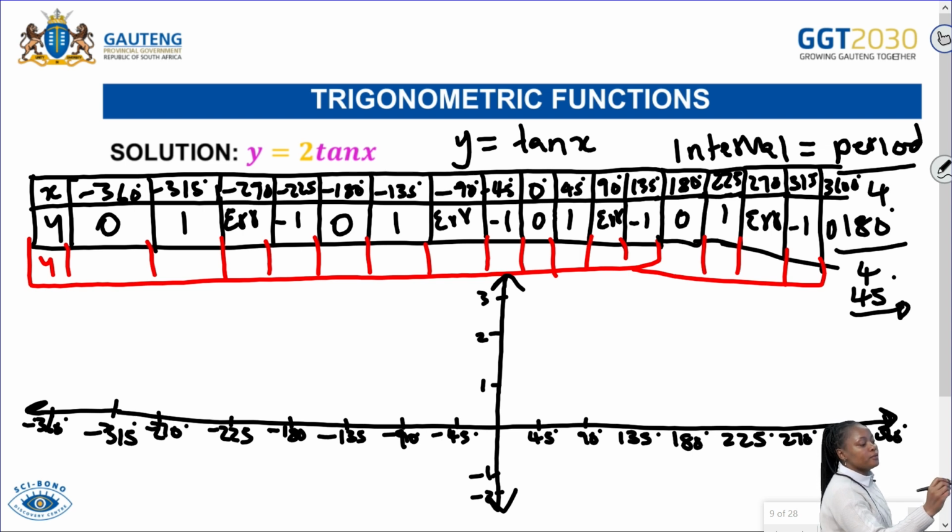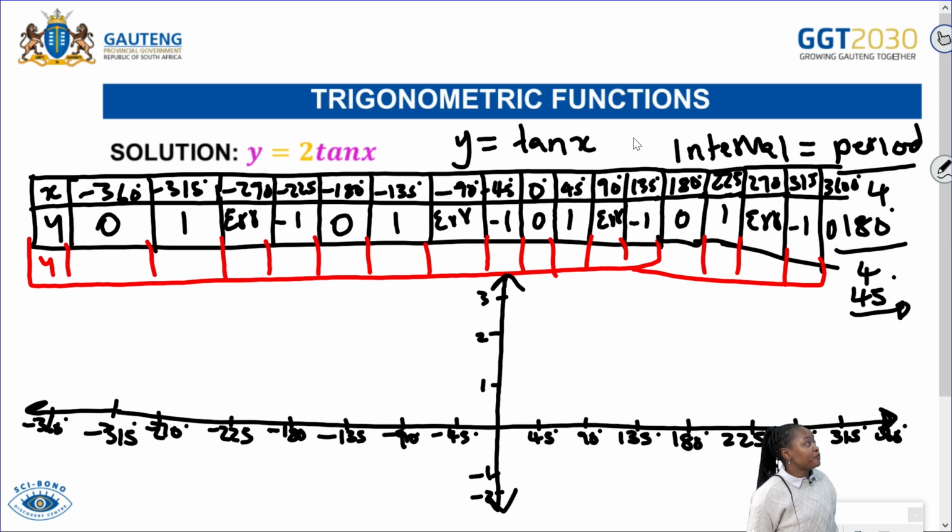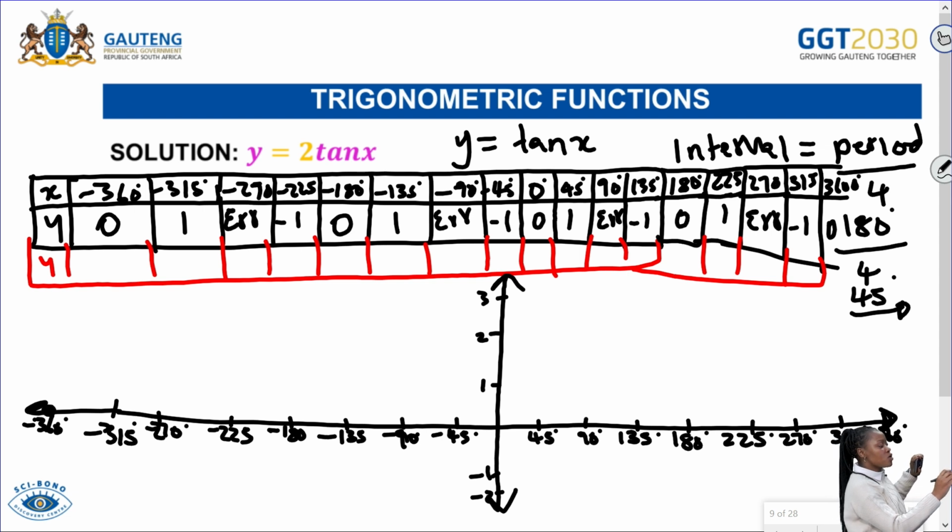Okay, so let's do the mother graph now. When x is negative 360, I'll have the value of y as 0. When x is negative 315, I'll have the value of y as positive 1. So it's going to be somewhere here.